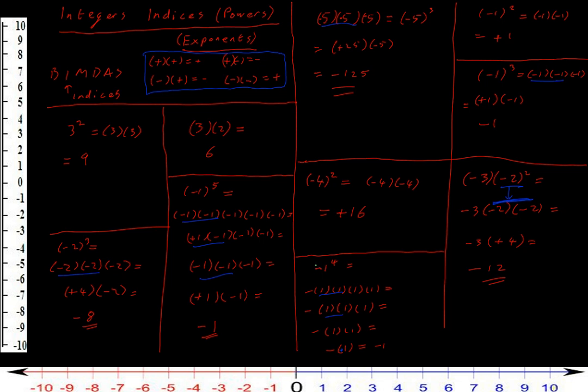But if we had brackets around the minus 1, then we would have ended up with a positive 1 because 4 is an even power. But we'll have lots of time to practice those types of patterns later on. For right now, we know how our indices work. Our little numbers in the top right hand corner tell us how many times we multiply the number by itself. And if we have that, then we're good for now.